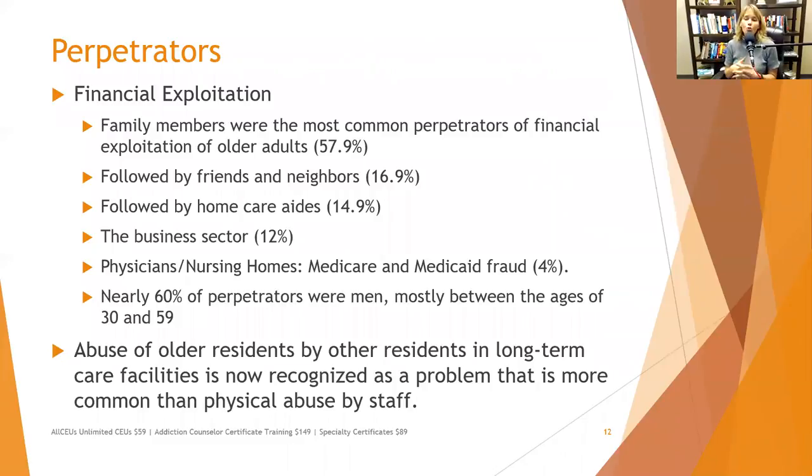The abuse of older residents by other residents in long-term care facilities is now recognized as a problem that is more common than physical abuse by staff. Now, remember that study with the 2,000 residents where a preponderance of them said they'd been either neglected or abused.